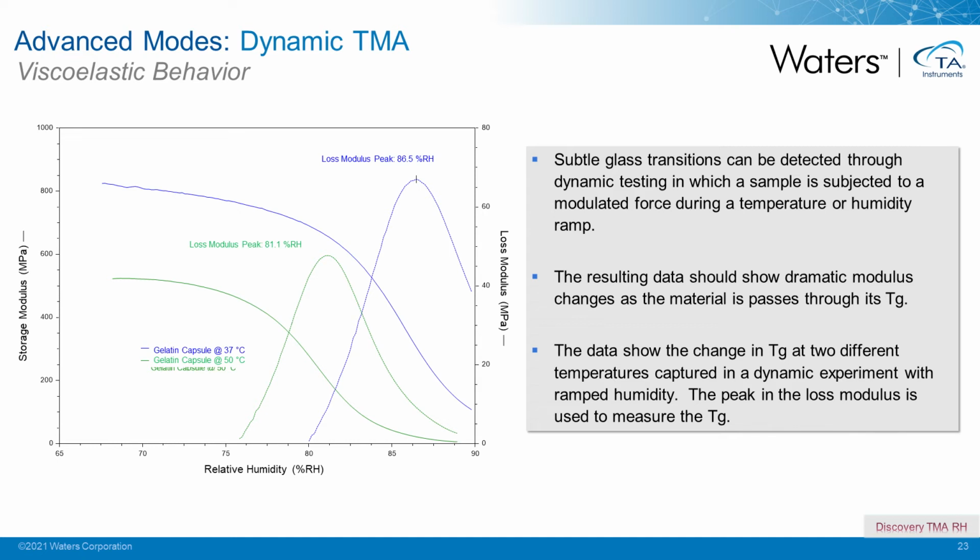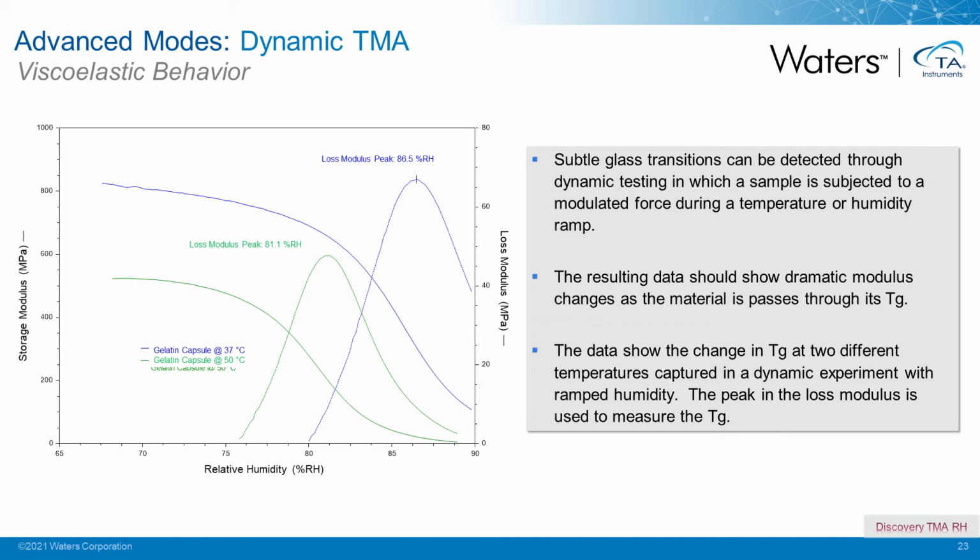So this type of experiment, as you go through various thermal equipment from DSC to TMA to DMA, the ability to detect glass transitions increases. DMA, or dynamic force types of experiments, are very sensitive to detecting glass transitions. So you have the ability to do that with the Discovery TMA RH.